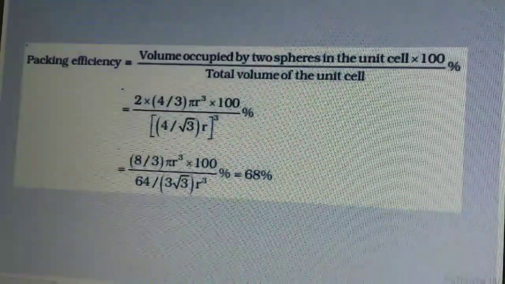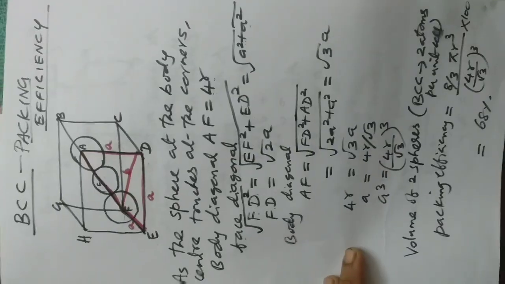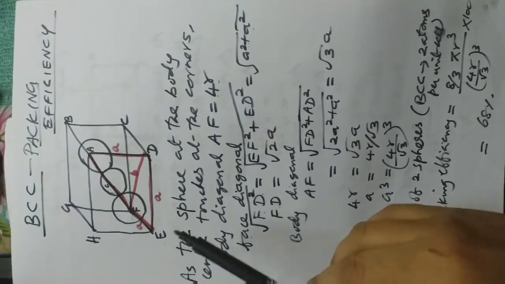Finally what you get is 68%. This is the calculation of packing efficiency of BCC.